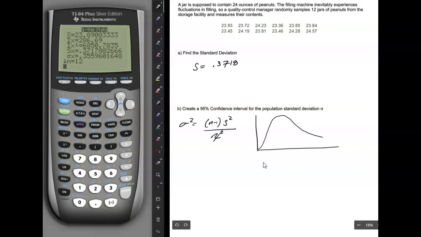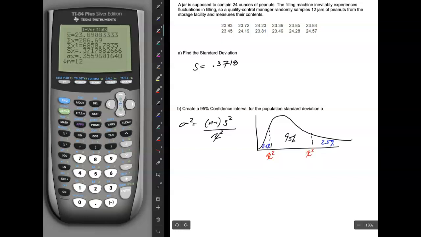So on my chi-squared distribution, that means we have the middle 95%. And we're not necessarily symmetrical, but we have 95% here. So that means left over we have 2.5% in each one of these tails. So 2.5% and 2.5%.